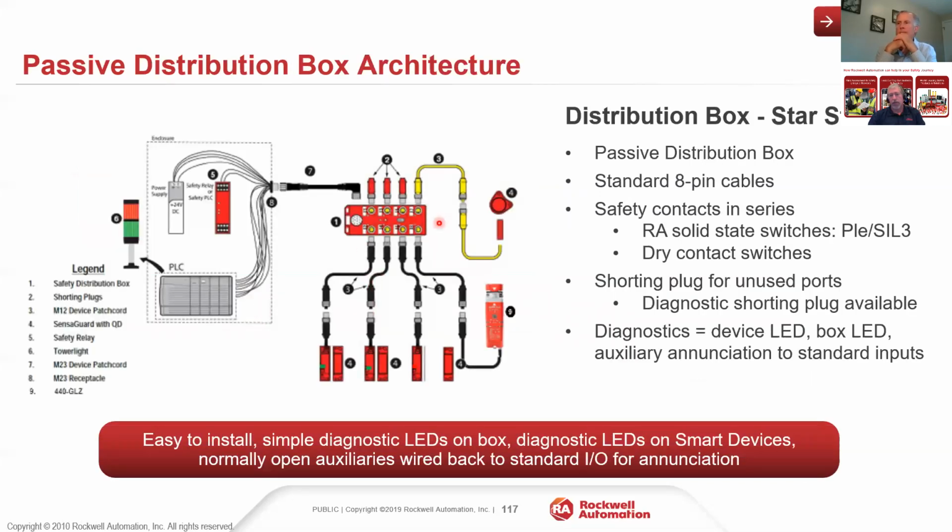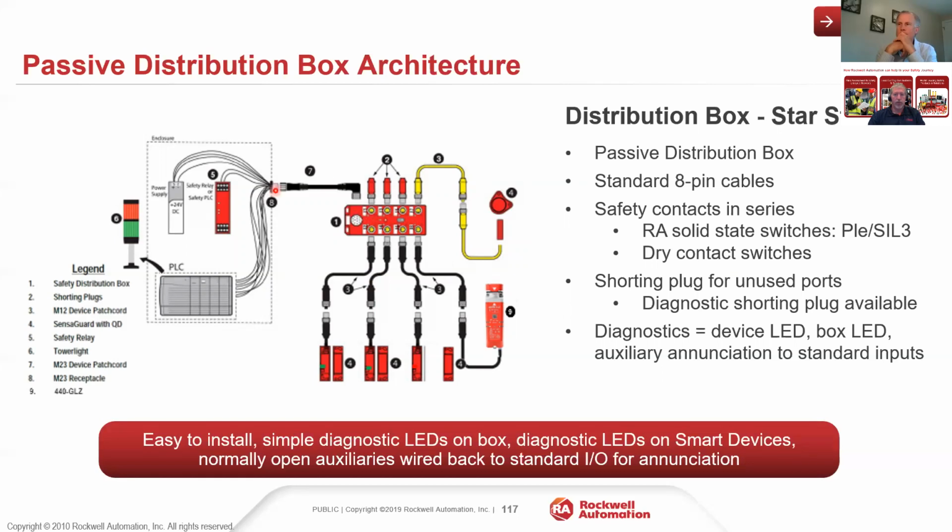We also have a Lego set number 2, where you get additional annunciation capability. The devices are still all wired in series. If you're using contemporary solutions, you still get the diagnostic at the device level. You also get the diagnostic at the box level. So you have little LEDs here.